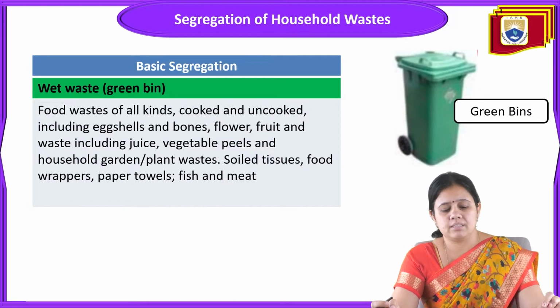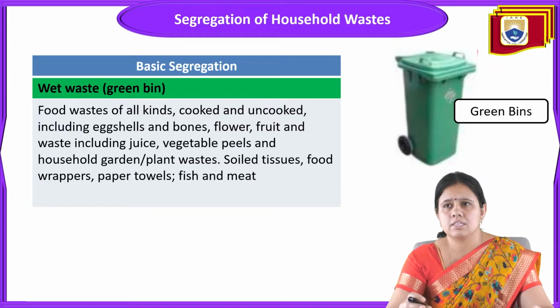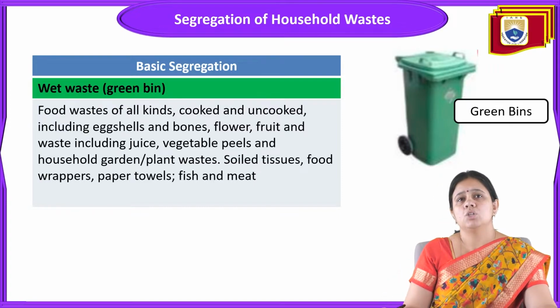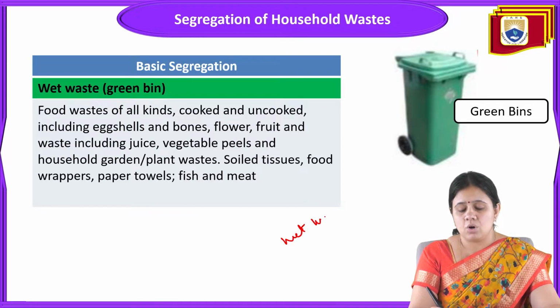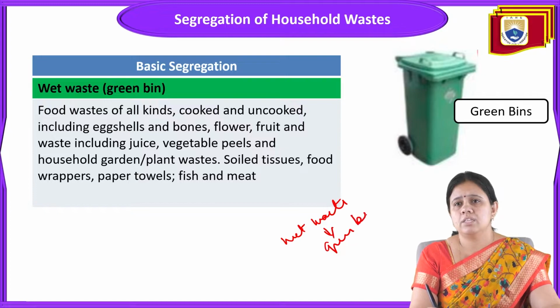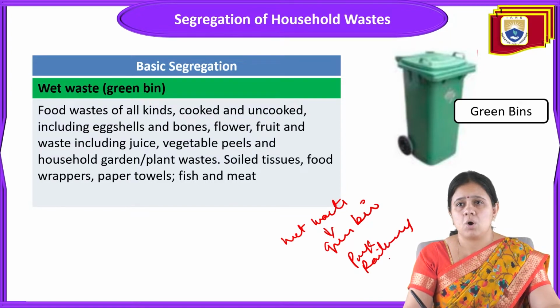Now comes the next point, that is the segregation of household waste. How is this segregation of household waste done? So first is the wet waste. Wet waste, as I have already discussed, goes in the green bins. You can see these bins in any park, railway station or airport.